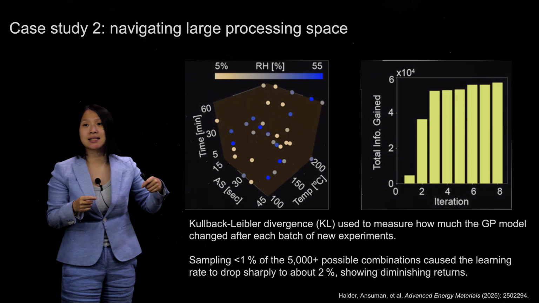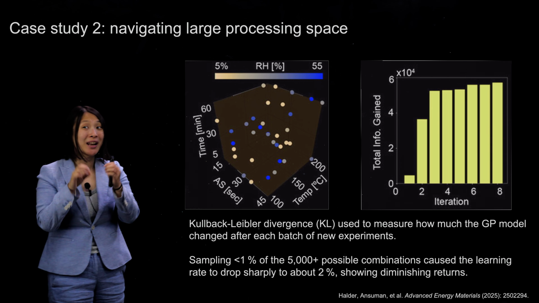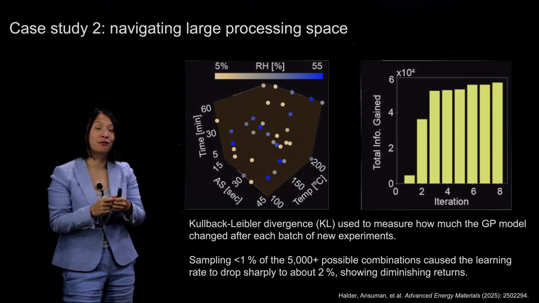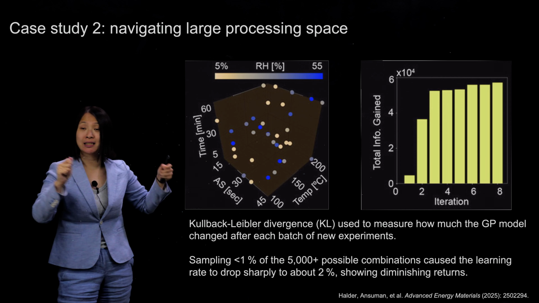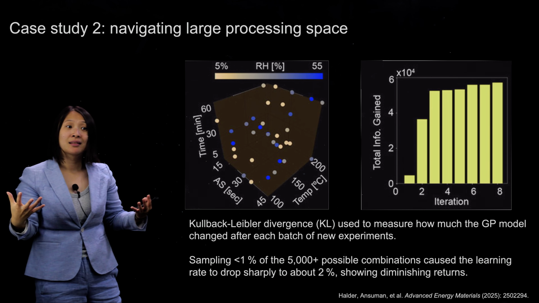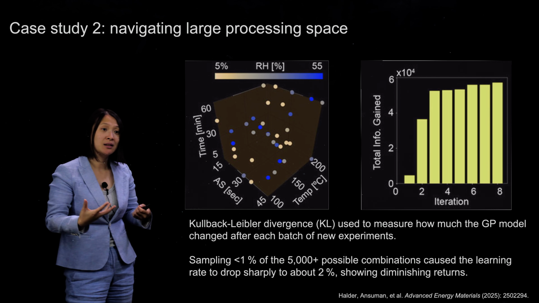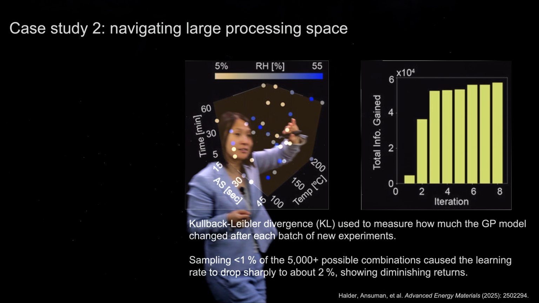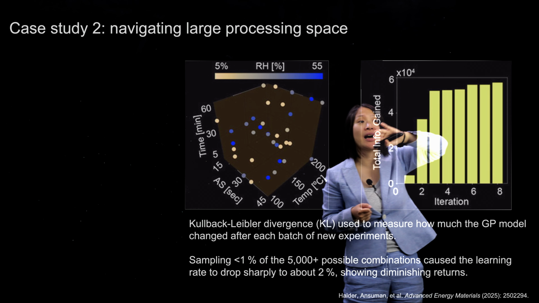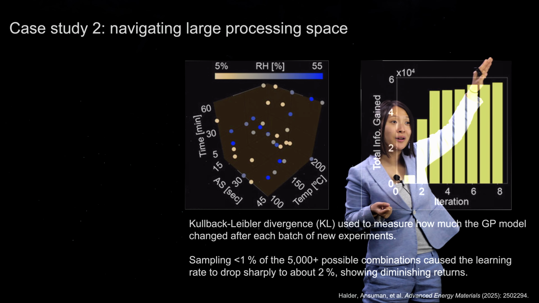And in this case, the use of Bayesian optimization allows us to sample less than 1% of the possible conditions in this 4-dimensional space. And then we realize, after sampling less than 1%, that the learning rate, in other words the total information gained, is gradually converging.